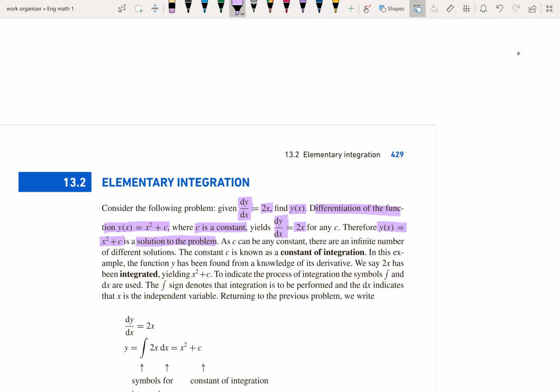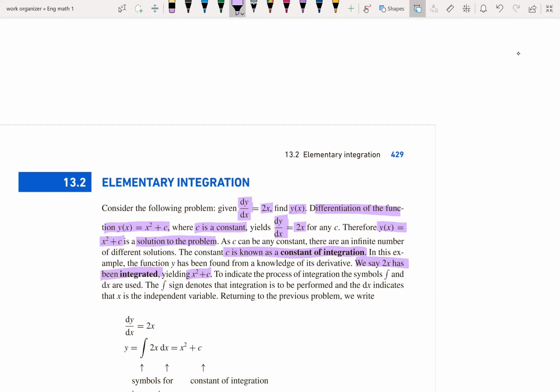We say that c is known as a constant of integration, and that 2x has been integrated, so we get y equal to x squared plus c.